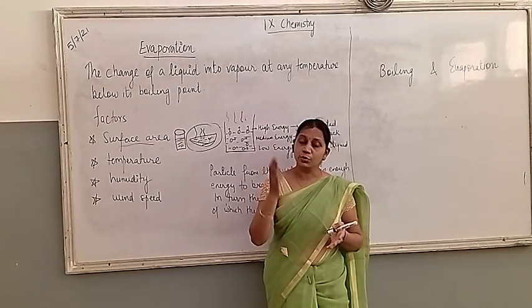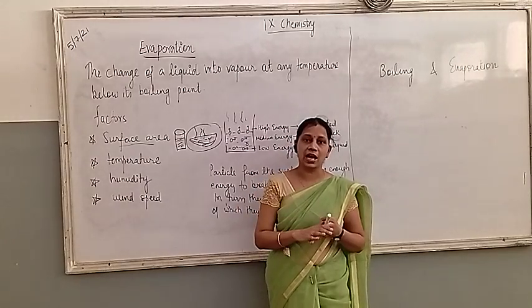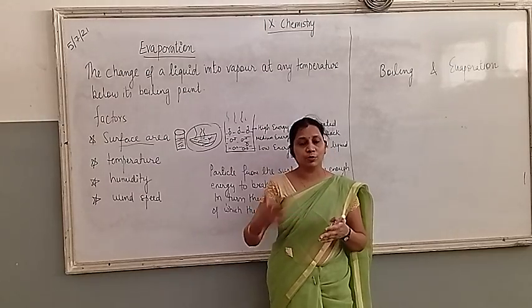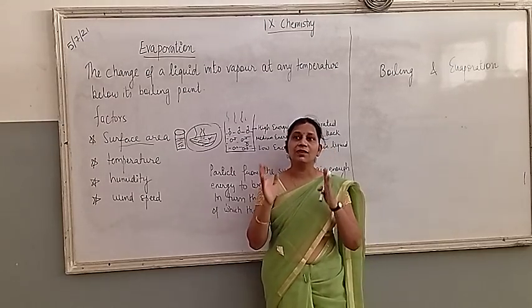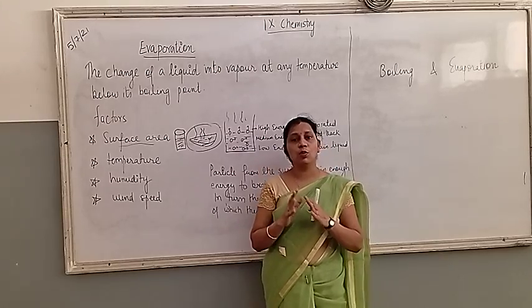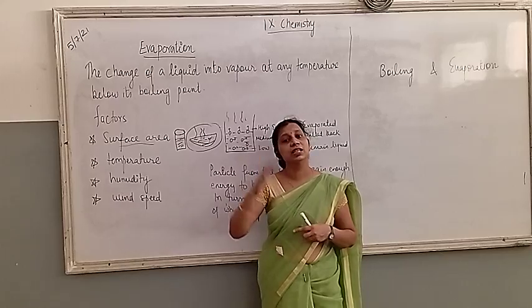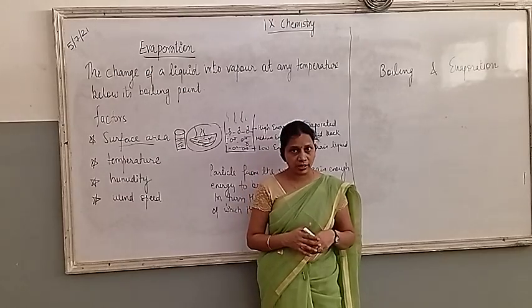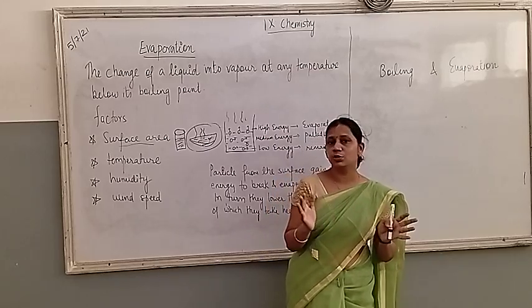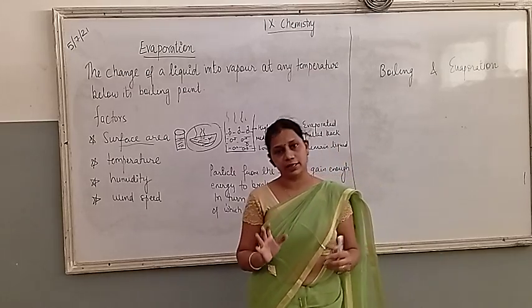Now, during summer, this rate of evaporation is high, so the cooling from coolers that you get is also very good. Now, when water vapor is already present, the rate of evaporation will decrease. When the rate of evaporation decreases, obviously the cooler is not going to give you that much cool air.